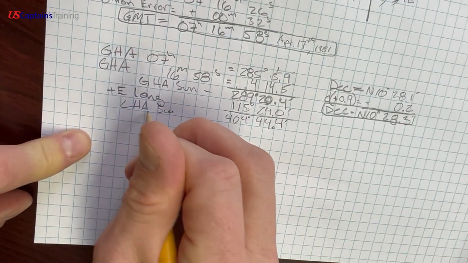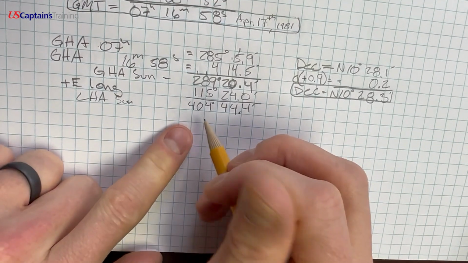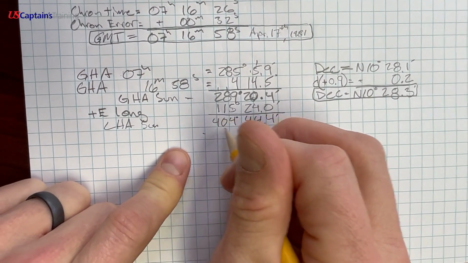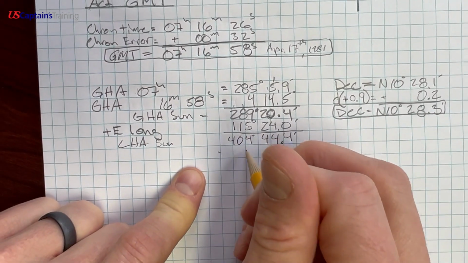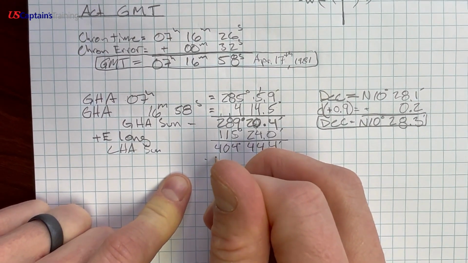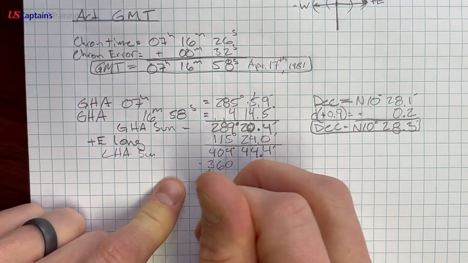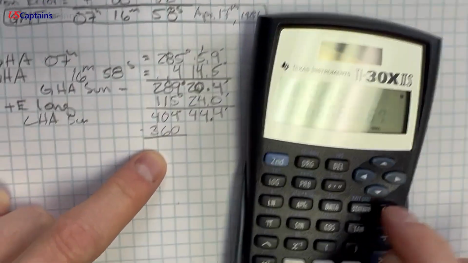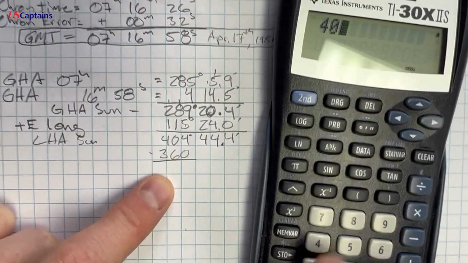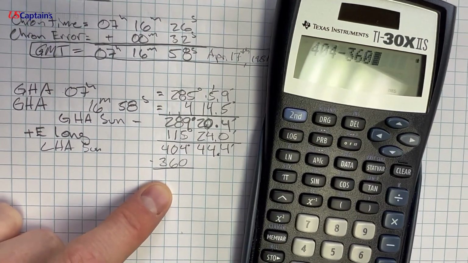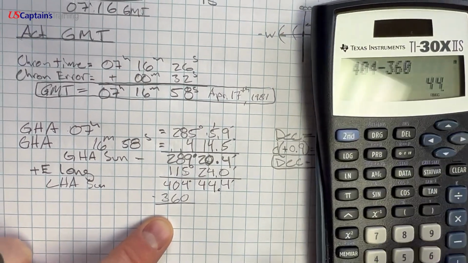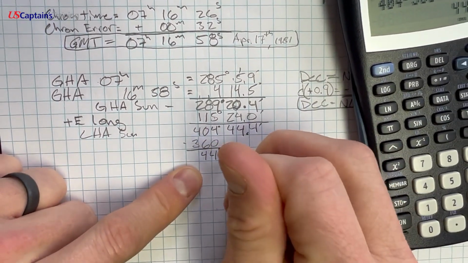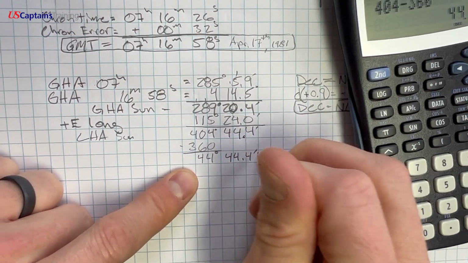That's local hour angle of the sun. So we need to get this to where we can find it in the book. If we subtract 360, we went all the way around and kept going. So you subtract 360 and we'll get something that we can find in the table. 404 minus 360 equals 44. Let's keep going with the fours. 44.4.